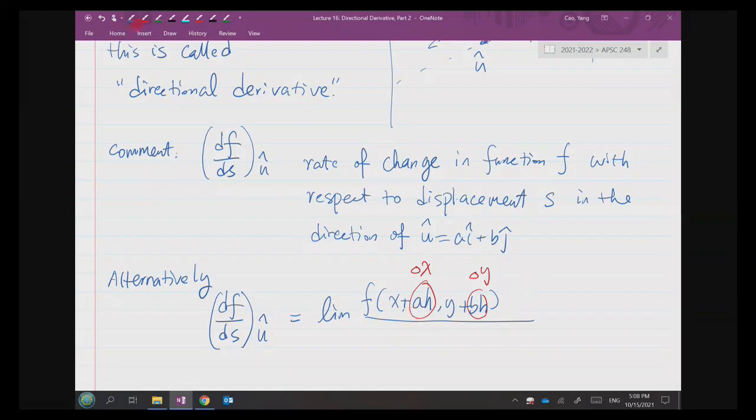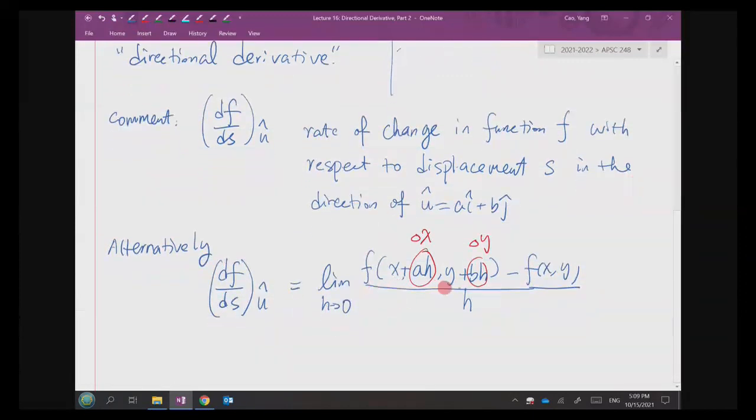So this is the change, and then minus the original position value f of x, y, divided by this h, then you let h approach 0. So this notation is basically an analogue of the single variable function derivative definition.